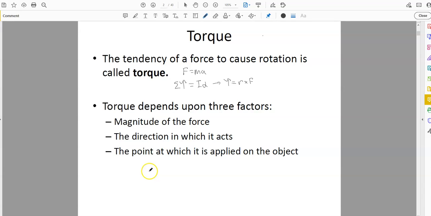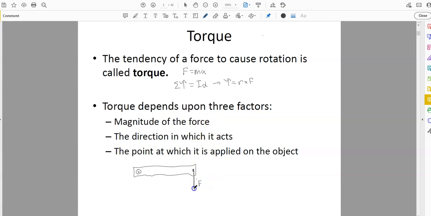Okay, so that's the direction at which it acts, and the point at which it is applied to the object. What they're talking about here is if you have an object just like this, just a stick, and let's say it's rotating about this point right here. So this whole thing is just spinning. This whole thing is now the lever arm. If you apply the force here, and let's say it was a downward force, F, well, the magnitude of that force is important.